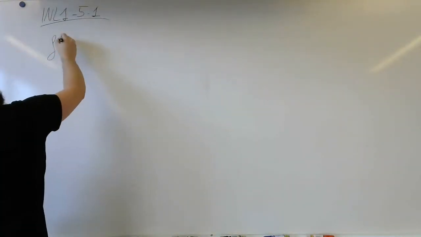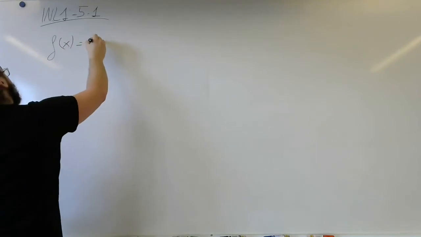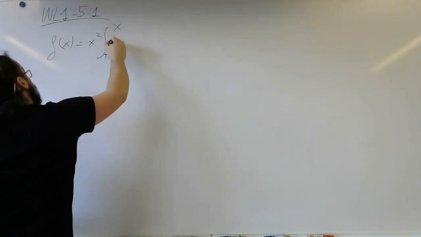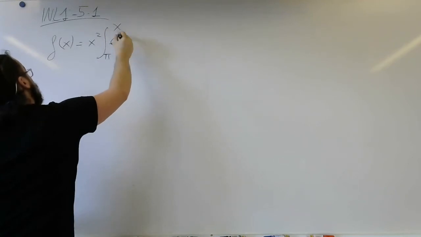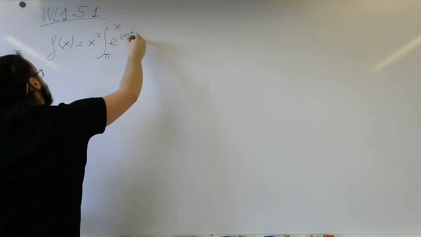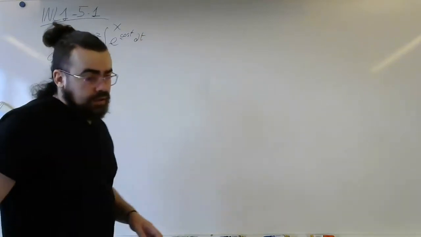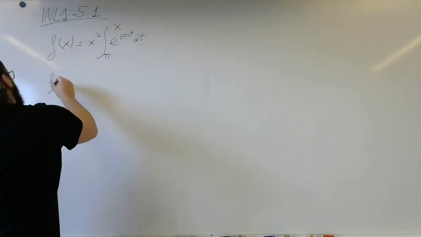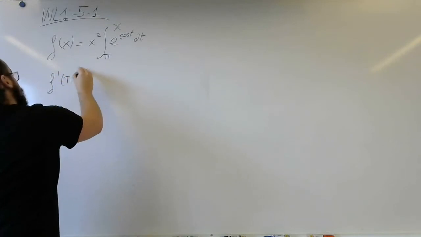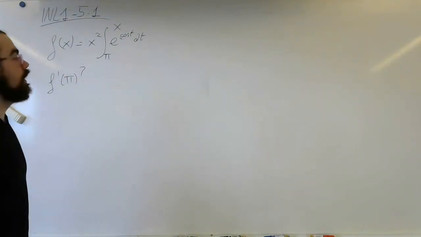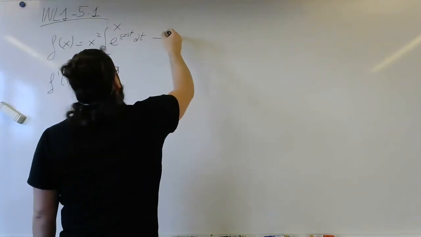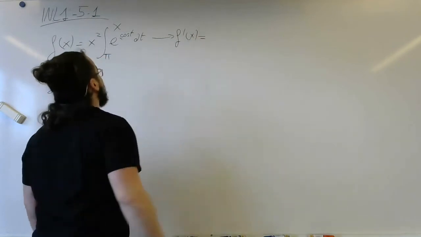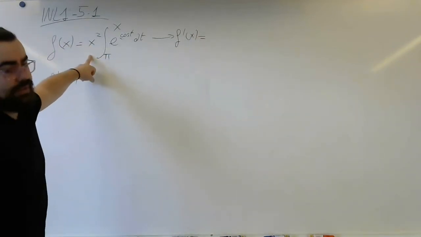So we have X, which is this thing here. And we wonder about f prime in point pi. What's this? So we're going to derivate this by treating this as a product. The first term is x squared.